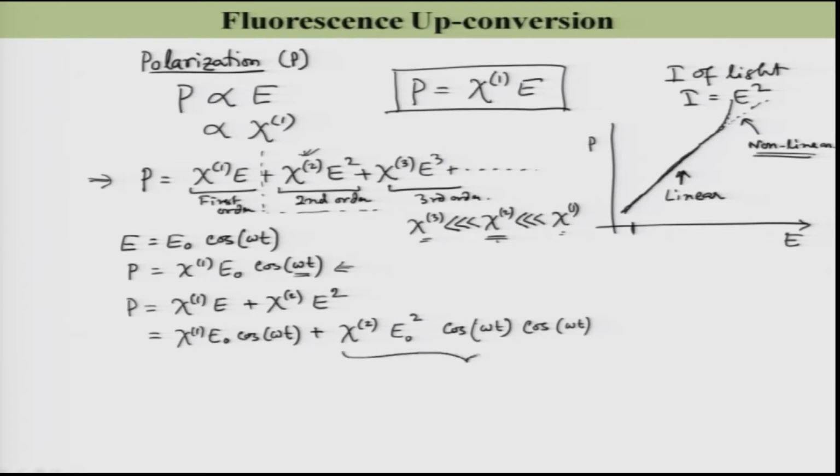So, this part is going to give you a cosine twice omega t term. So, what you see, you have this omega term as well as this 2 omega term, both terms are present for this polarization. That means the light which will come out of this system will have both the frequency that is actually hitting the substance and just the double of that frequency, which is 2 omega. Please note here. So, you have this omega here and you have this 2 omega here. That means the color of light will change, the frequency will become double. Okay.